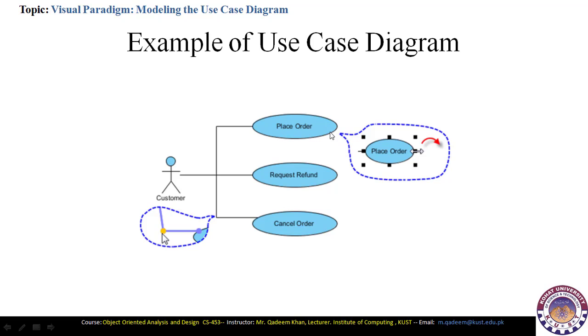If I click on this use case and drag it towards my right, then you can see that this use case's shape will be changed and it will be resized. Similarly, I can also resize this actor as well. So I will just click on this actor and resize it. I can change its position by dragging it towards any other place in my window pane of Visual Paradigm.